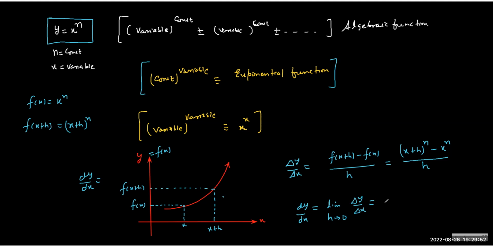Yes, sir. So we can write limit h tends to 0. If I put h equal to exactly 0 right now, this will be in which state? Defined or undefined?